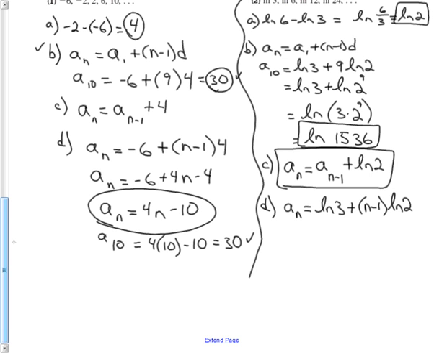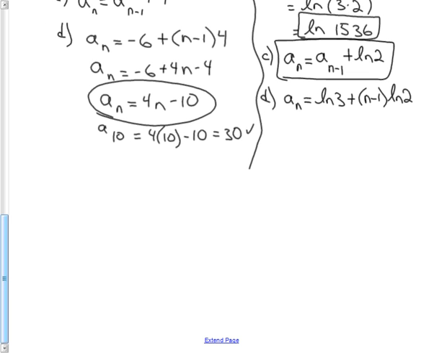I'm going to multiply it out and simplify it. A sub n equals natural log of 3, distribute here, plus n times the natural log of 2 minus the natural log of 2. Well, I'm going to take that n and make it an exponent on that 2. Natural log of 3 plus the natural log of 2 to the n minus natural log of 2.